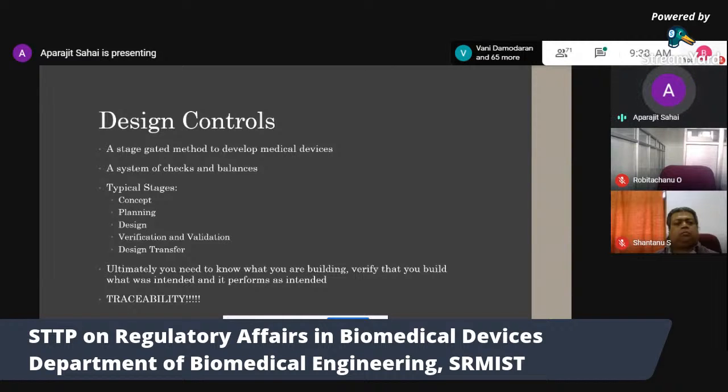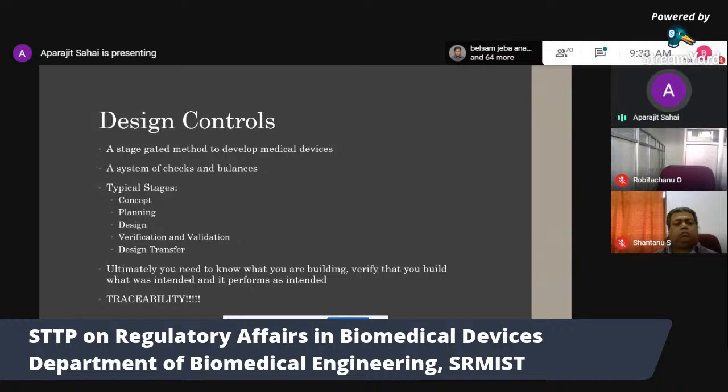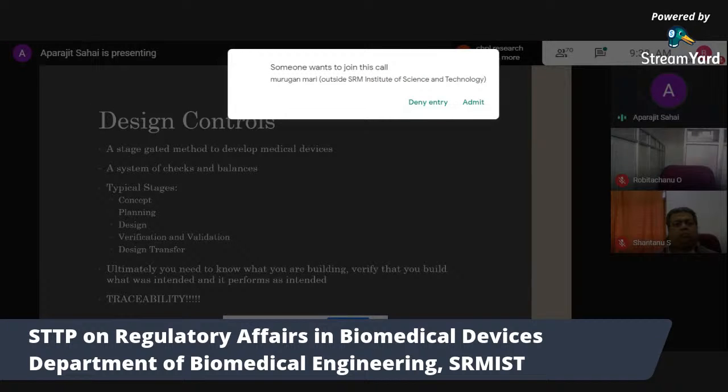For example, if the marketing requirement was that the device has to be light, you specify here what light means. Does it mean 10 grams? Does it mean 100 kilos? Based on the context, a device could be light at 100 kgs and it could be light at 10 grams. So based on the context or intended use, you would define what that number is or what that specification is.